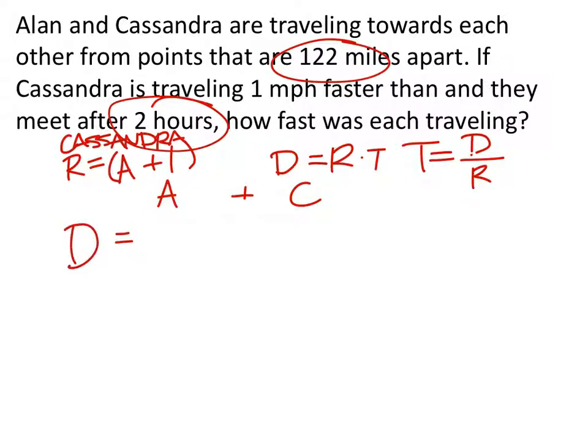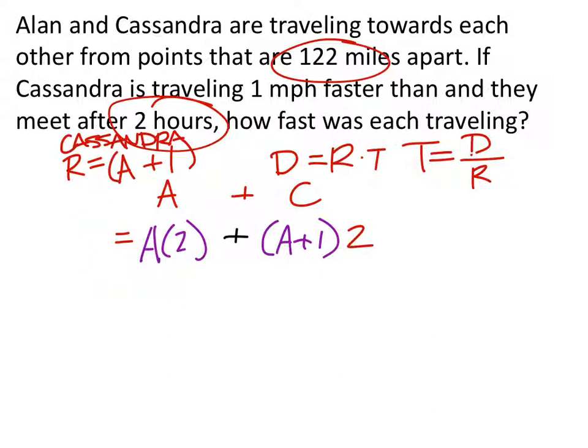So Alan's rate we're just going to say is a. And the amount of time it takes to reach that distance was 2 hours. And then Cassandra's, we can write in terms of Alan's, right? Her rate is Alan's plus 1, but again, it's being multiplied by 2 hours.